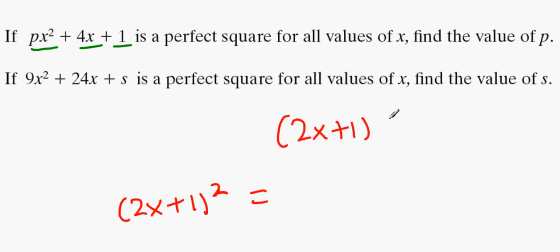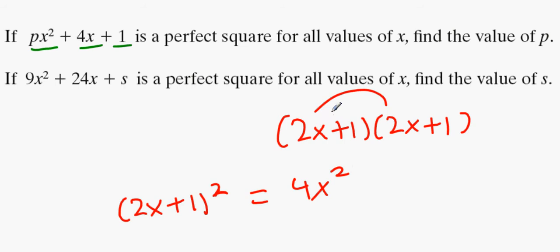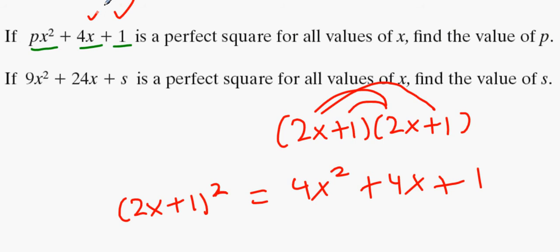Multiplying this out, we get 4x squared plus 4x, and then plus 1 at the back. So we know that these two expressions are the same, and p has to be equal to 4.